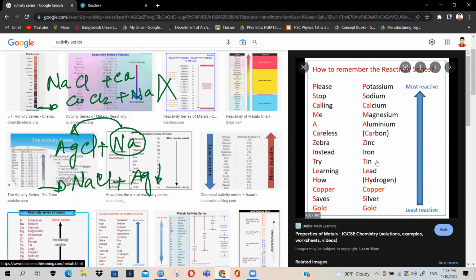I think I have shown you before as well, I guess. So in case of replacing, if you ask me, can lead replace copper, the answer is yes, because lead is more reactive. So it can replace a less reactive element. But can copper replace sodium?